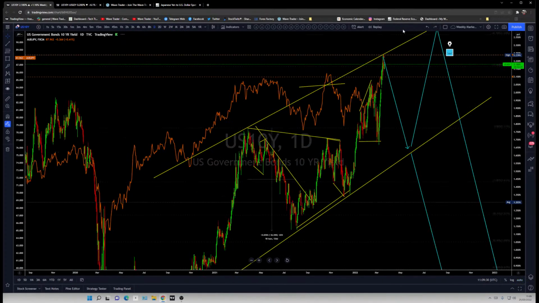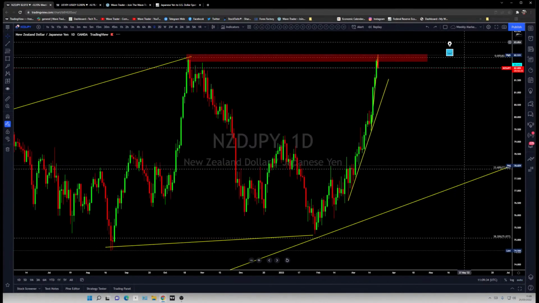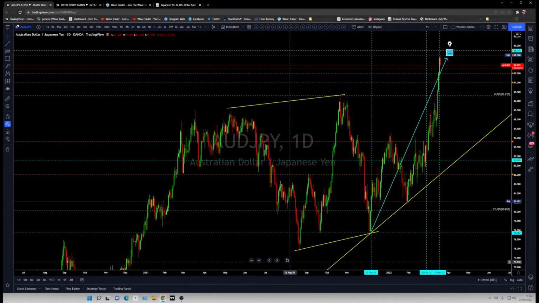So if I'm going to look at the lower time frame, we have seen a quick sharp sell-off on the oil, and we may see a similar kind of sharp sell-off on these risk-on assets too.